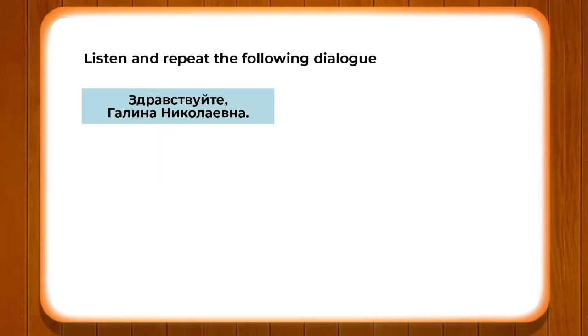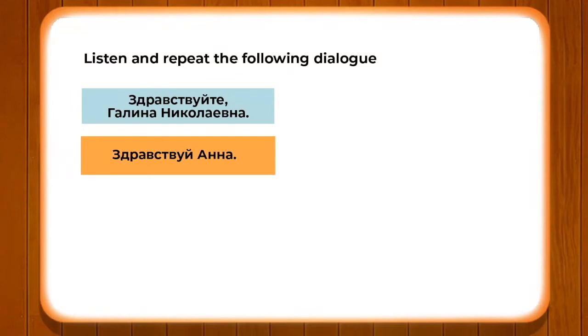So here you can see Galina Nikolaevna and Anna, two characters who are talking. Здравствуйте, Galina Nikolaevna, says Anna. And Здравствуй, Anna, says Galina Nikolaevna. What does it indicate? That Anna is younger than Galina Nikolaevna. That is why she is saying Здравствуйте, whereas Galina Nikolaevna is saying Здравствуй.